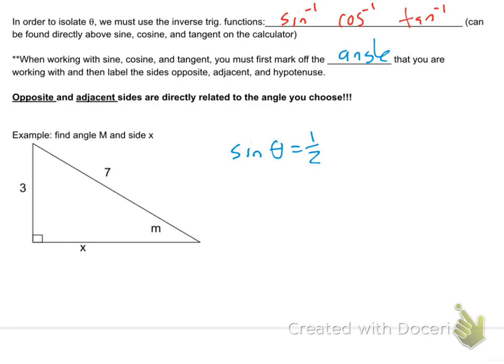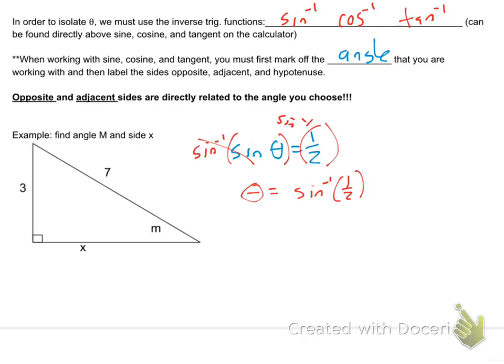And so what we're going to do is apply what we do to one side to the other. The sine inverse and sine will cancel each other out. But what I did to one side, I have to do here, and I'm putting it out front, so that I end up with theta equals sine inverse of 1/2.